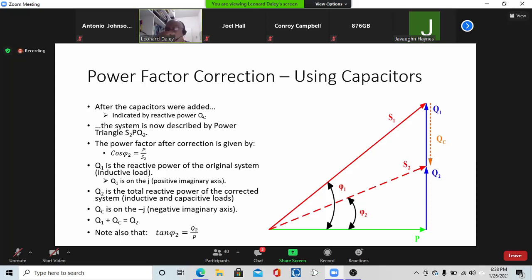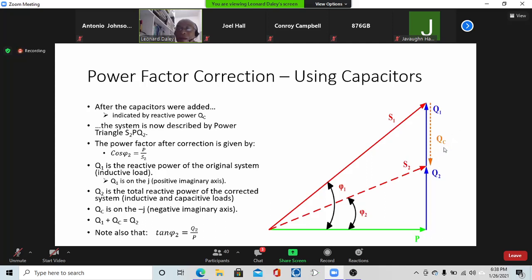All right. If you remember from the first week, for a capacitive reactive power the triangle is actually upside down. QC would be vertically down on the negative imaginary axis, so minus jQ will be on the minus j axis.